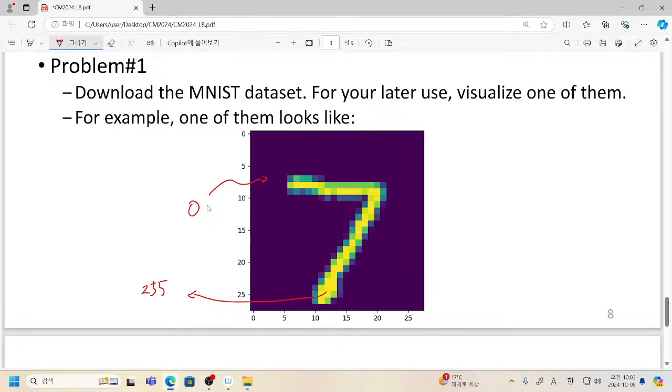For example, if I write this, what is it? It is my 1. What is it? This is my number 2. And what is it? Oh sorry, this is my number 7 and this is my number 2. So we'll see that our pre-trained neural network can recognize our own hand drawing. That will be the content of our next lecture.